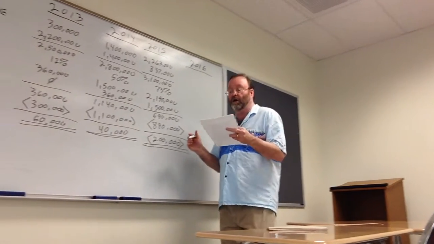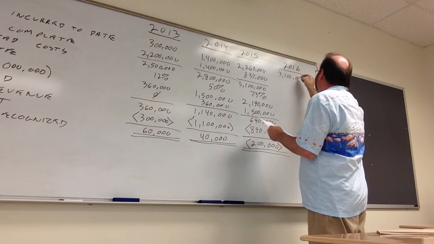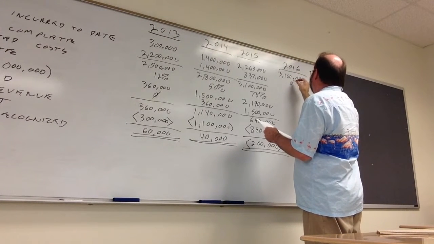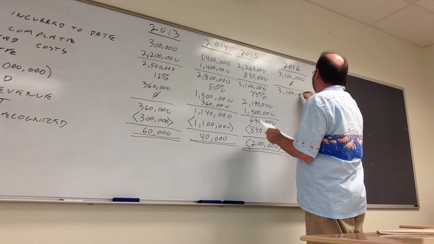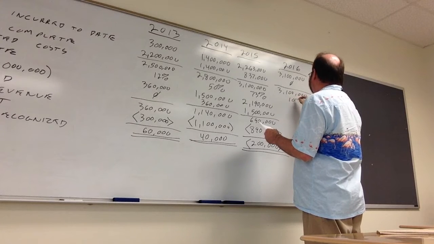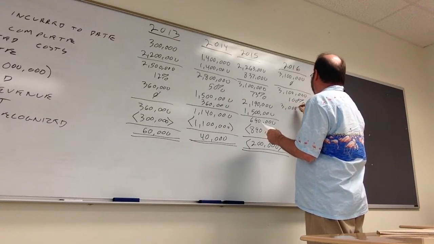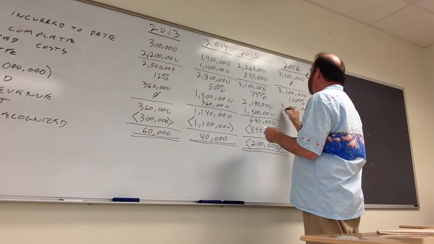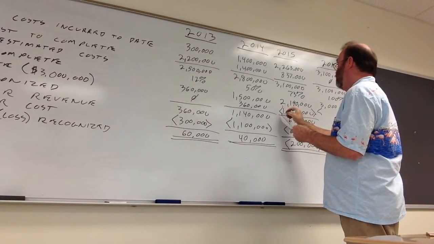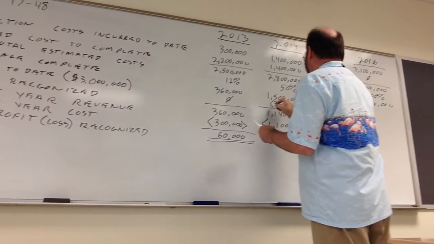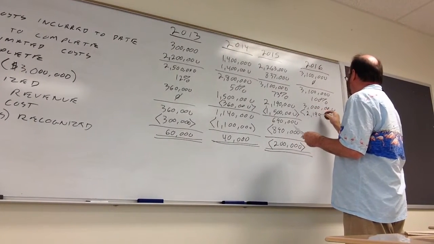So in the final year, we finished the project at $3,000,001. The new project manager that we brought in after we fired the first one got it done. Now we're 100% complete. We have $3,000,000 total contract price, of which we've taken $2,190,000.